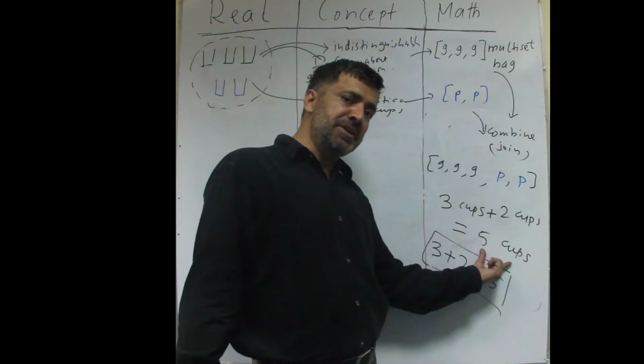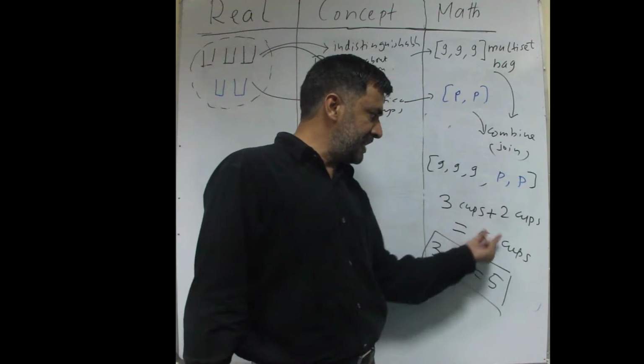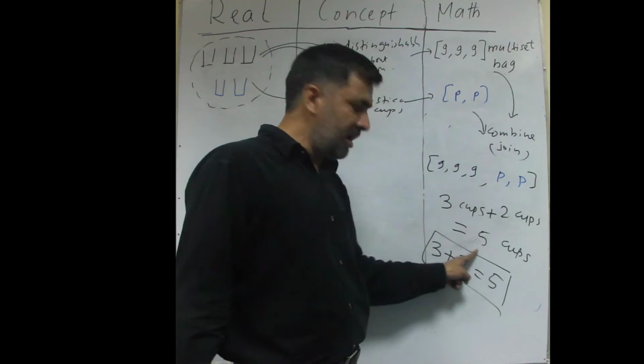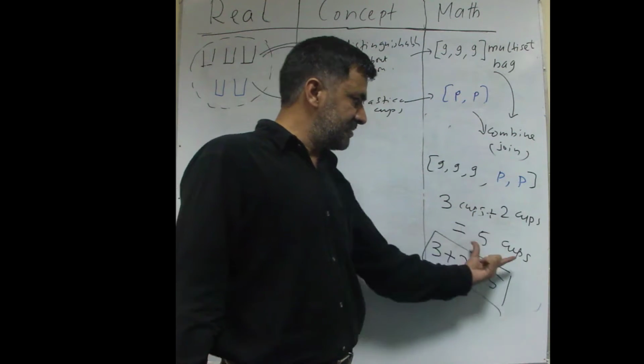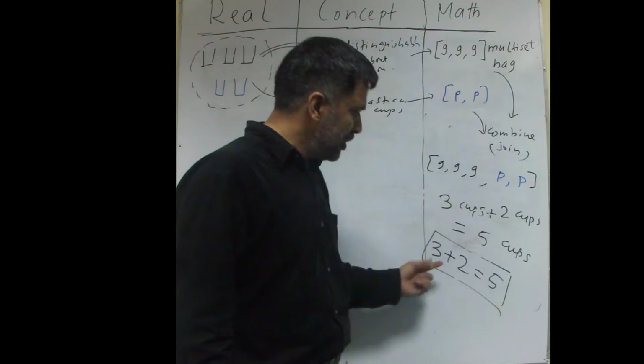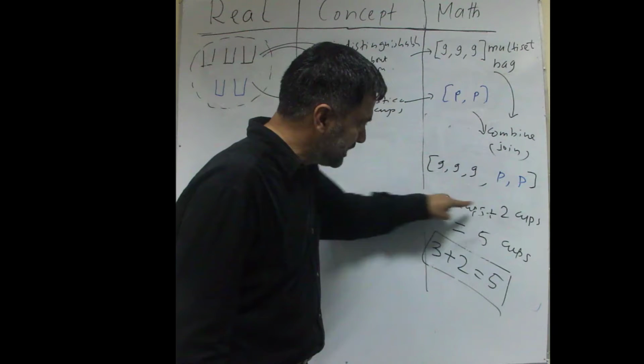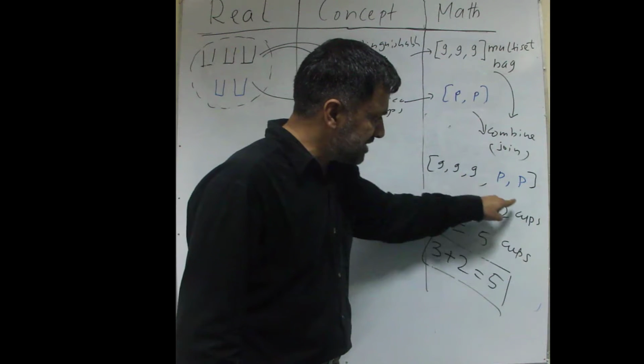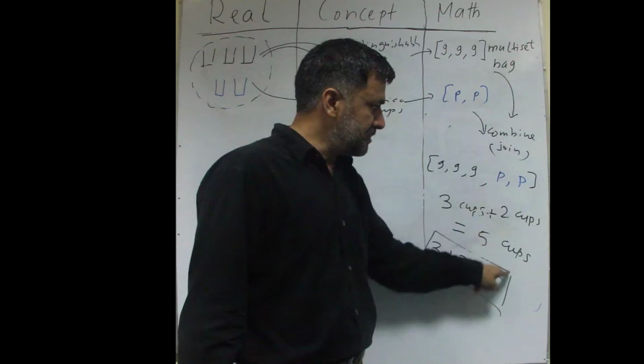You will get a new quantity with the same denomination, and the count or the size of that quantity, the pure number, will be just the sum of these two. So this addition is helping you do that addition. It's actually this 3 plus this 2 is this 5 cups.